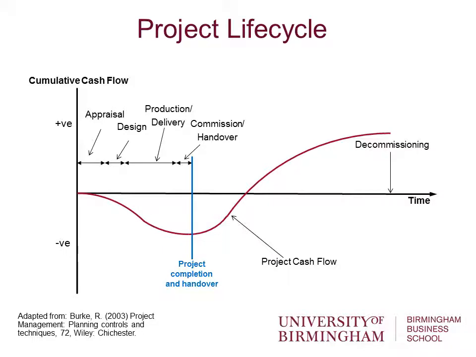Now, when I was talking about this in the session, I revisited this project lifecycle with the cash flow overlaid, and the reason for that was that I tried to illustrate how, in different scenarios, depending on the nature of the project, the amount of money spent, so the cost element or the time element, might be critical.